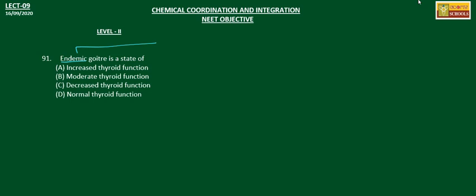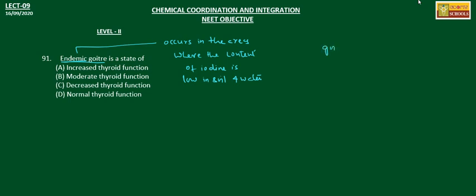So this endemic goiter occurs in the areas where the content of iodine is low in soil and water. Okay, so here we know what is the meaning of goiter.